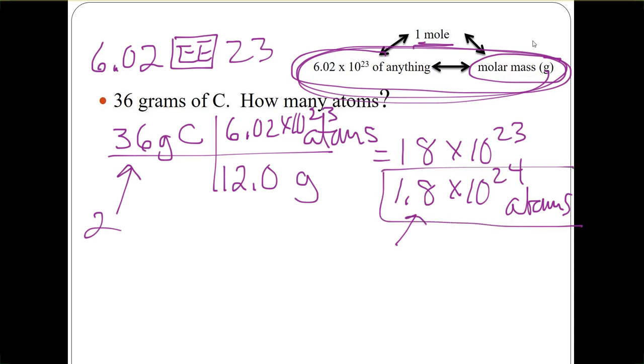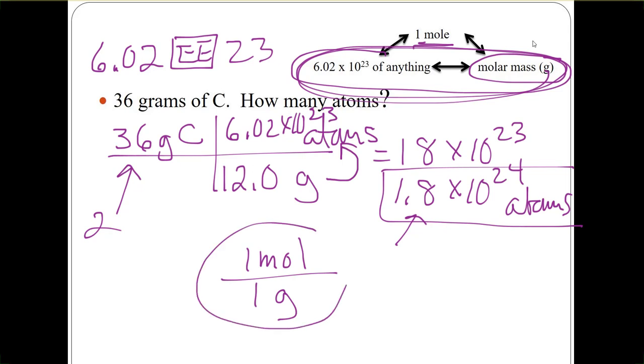So there's my answer. So again, you use whatever conversion factors that you need, and they will always be equal to each other. So this value is equal to that. They're both equal to 1 mole. One mistake I see students make is they try to tell me that they have 1 mole is equal to 1 gram of something.